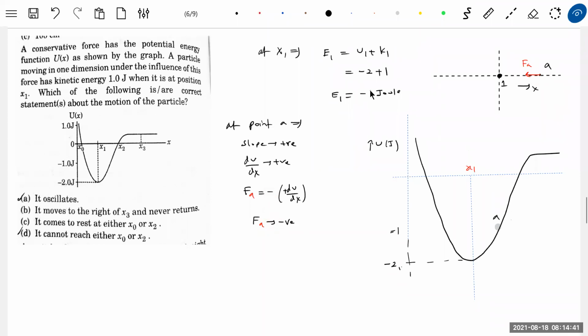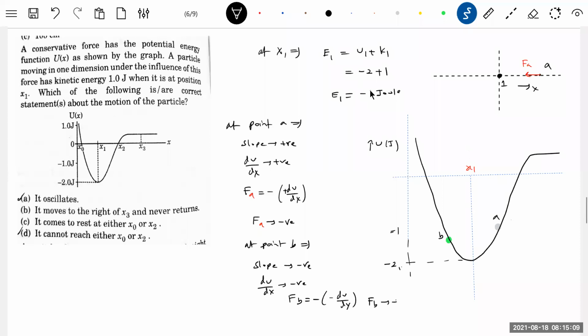Similarly, you displace to a point, select B. This is the analysis of the graph. At point B, what is the slope? Slope is negative. Du by dx negative, and we know Fb equal to minus du by dx.